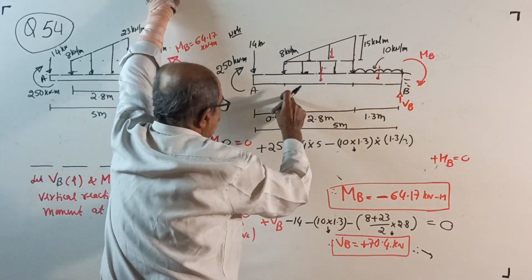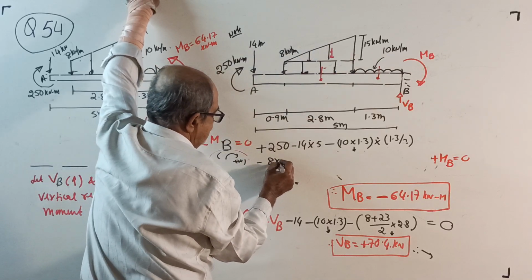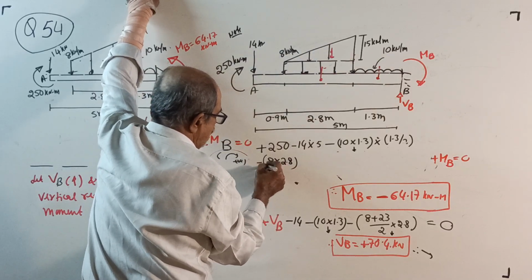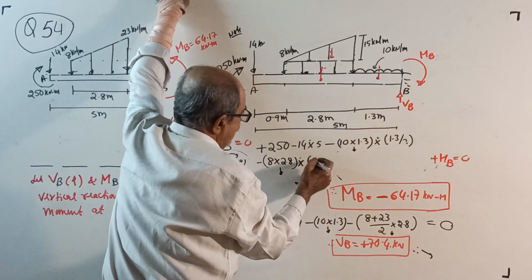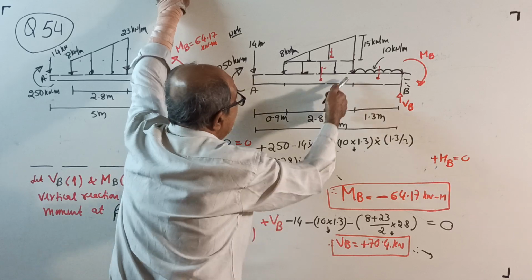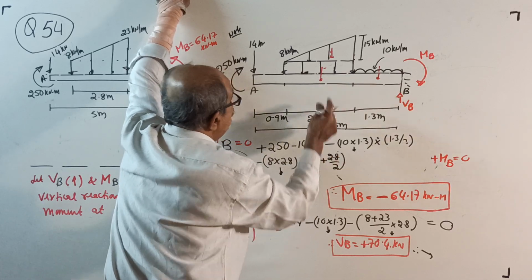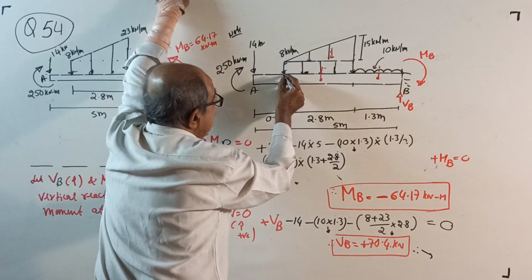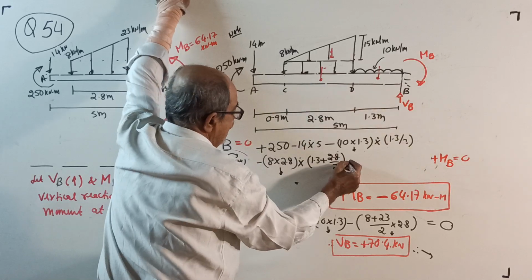8 into 2.8, anti-clockwise: minus 8 into 2.8 is the total load of the UDL, into 1.3 plus half of 2.8. That is due to this UDL. You name the points C and D, and write UDL from C to D. Again minus.